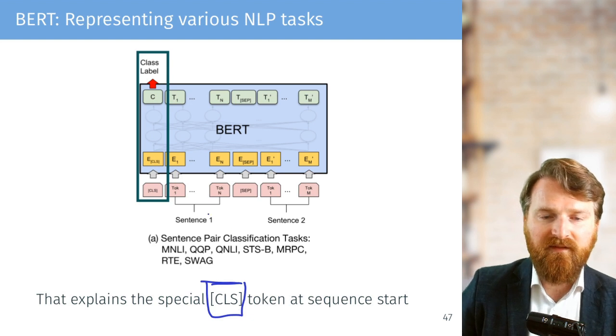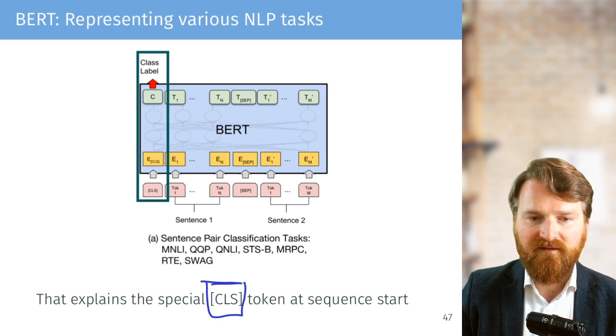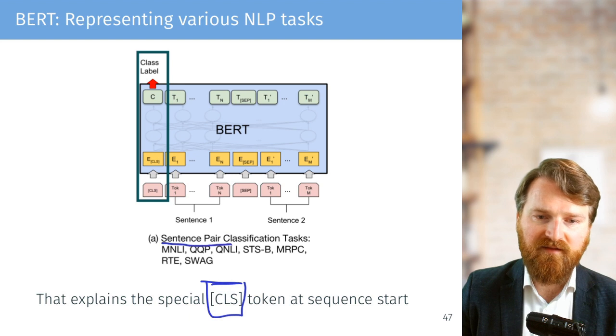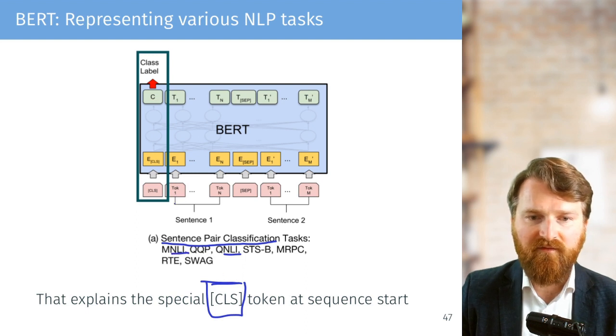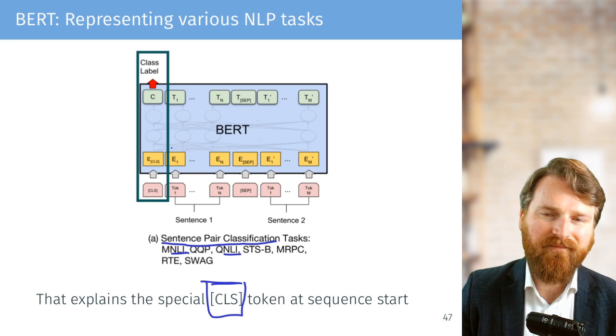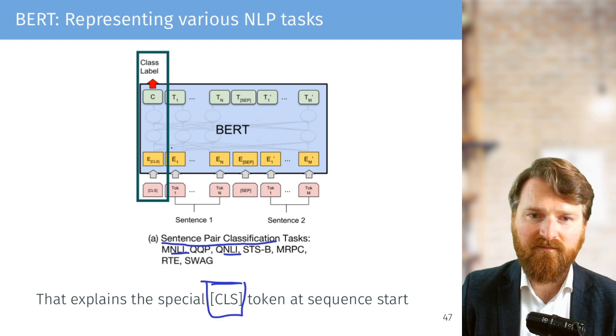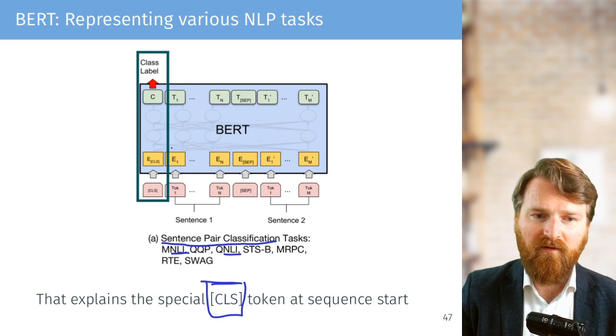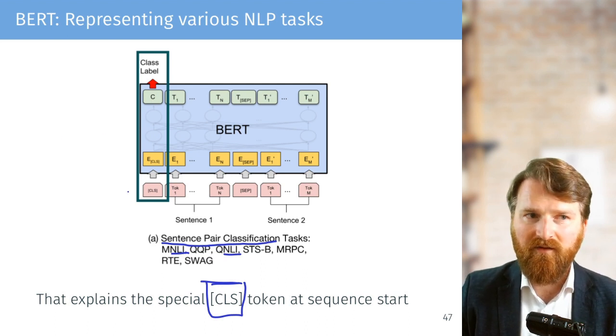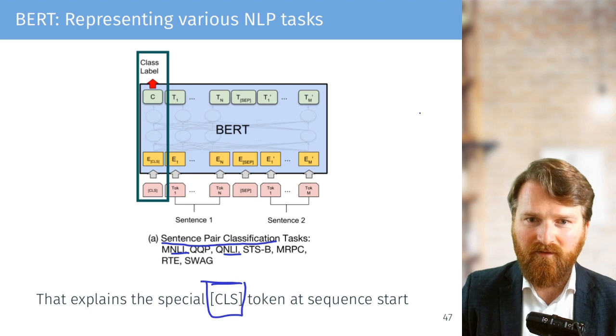And here, this is how BERT models sentence pair classification tasks, for example natural language inference, and so on. So we have the first sentence, and now, actually, perspectives on the BERT architecture are changing. Sometimes we have it from left to right, sometimes from bottom to top, sometimes top down.